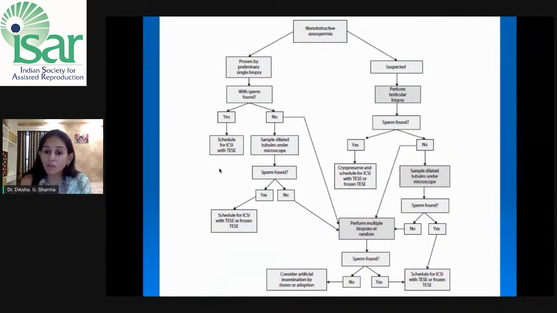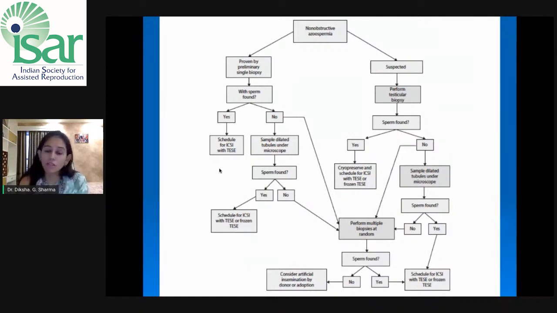If the sperms are found, then yes, we cryopreserve the sperm and schedule the couple for the ICSI procedure, either with TESE, that is a testicular biopsy, or a frozen TESE, that is we use frozen sperm. If the sperms are not found, then depending on your availability and resources, we can proceed with a microscopic testing, that is the dilated tubule seen under the microscope sample.